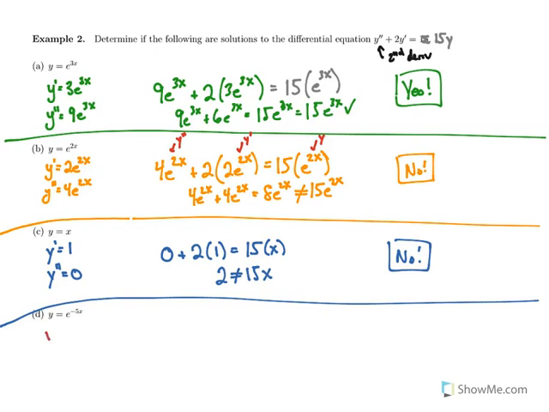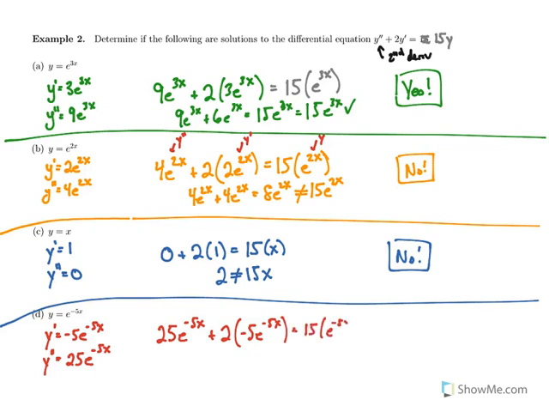So e to the negative 5x, the derivative of that is negative 5e to the negative 5x. The second derivative is positive 25e to the negative 5x. Plugging this in, we have 25e to the negative 5x plus 2 times negative 5e to the negative 5x is equal to 15e to the negative 5x.